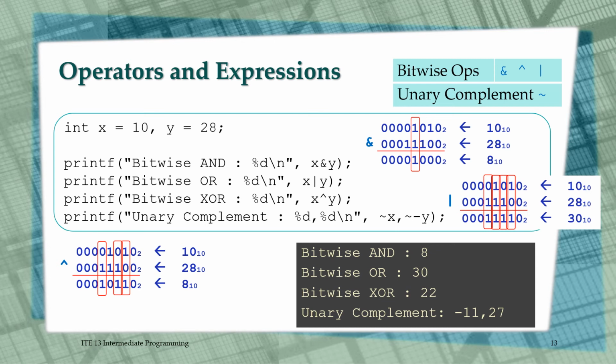If bitwise AND gives 1 if both bits are 1, and bitwise OR gives 1 if either of the bits is 1, the bitwise XOR will only give 1 if the bits are either the pair 0, 1 or 1, 0. Otherwise, it gives 0. For the two's complement, I will leave it to you as a reading assignment.